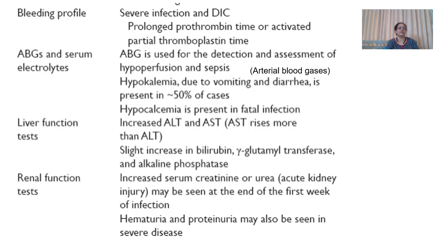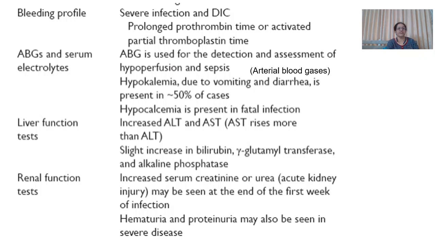Here, in case of serum electrolytes, there is a possibility of hypokalemia. This is either due to vomiting and diarrhea. Up to 50% cases, one can see such a type of hypokalemia. And it is observed in fatal infection.